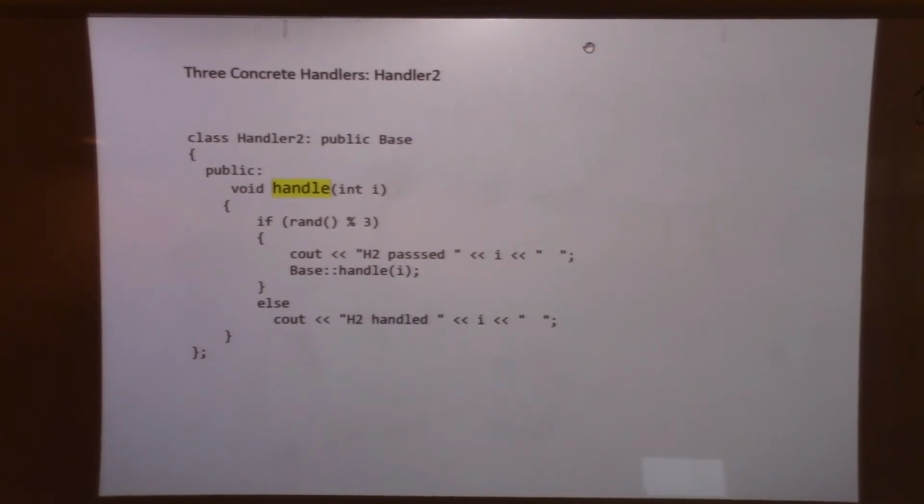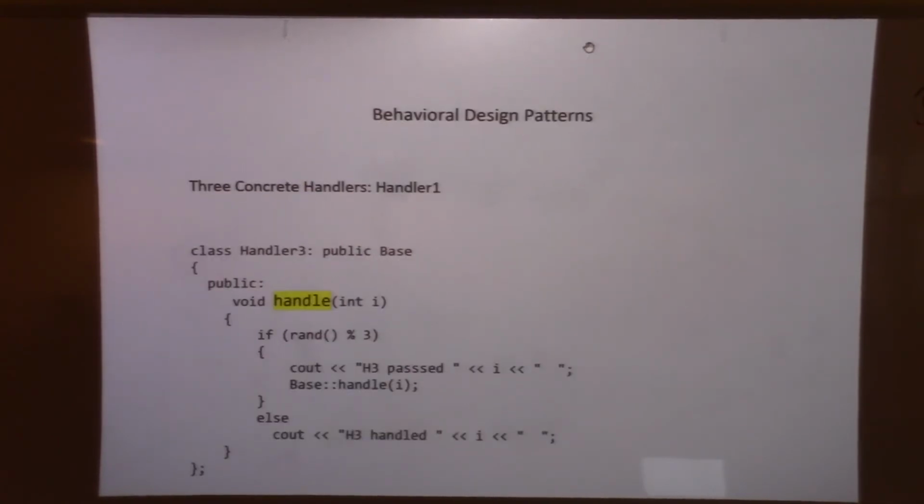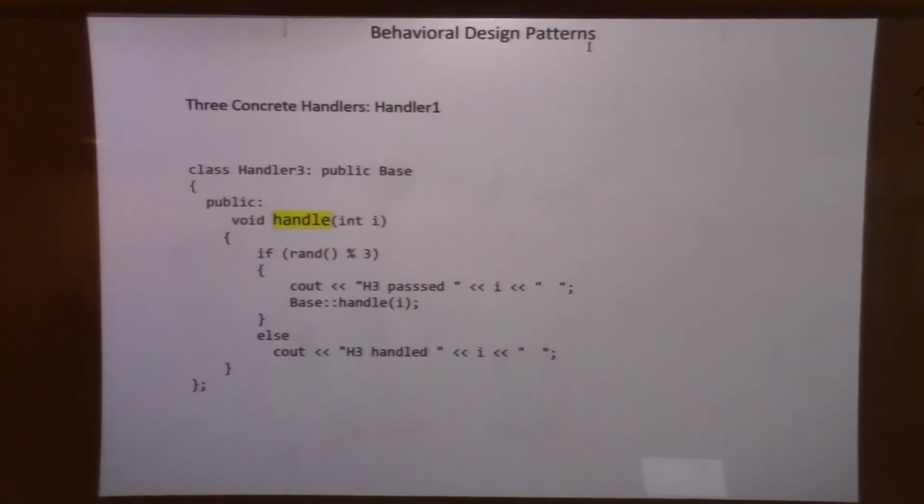Else handle it. So class handler 2 is basically just like handler 1. In fact, it's identical. Handler number 3, same or different? They're basically all the same. The only difference is that when they handle it, or when they pass it, they say H2 or H1 or H3. That's the only difference. But other than that, they're exactly the same.